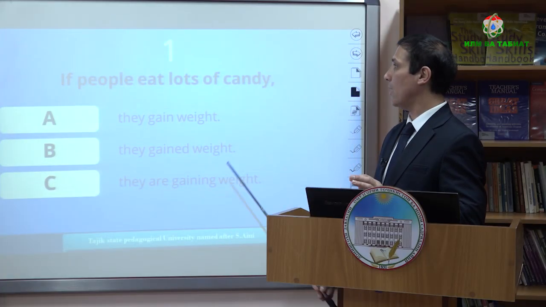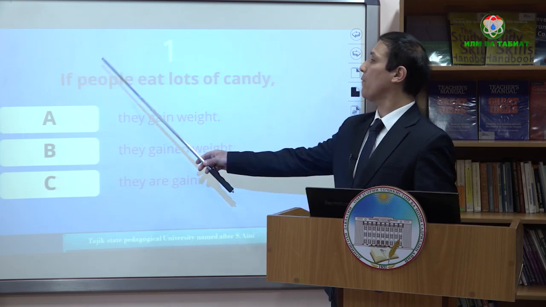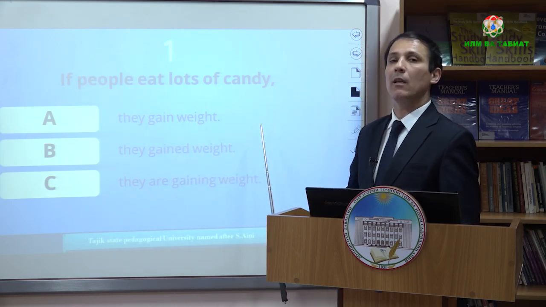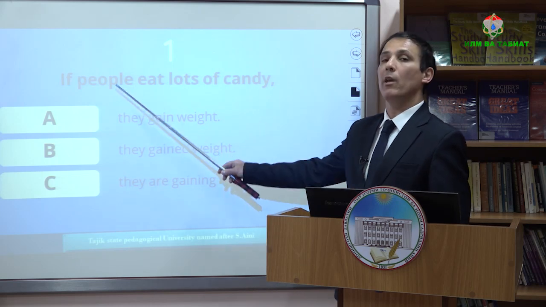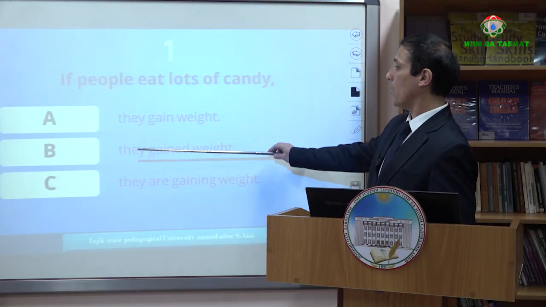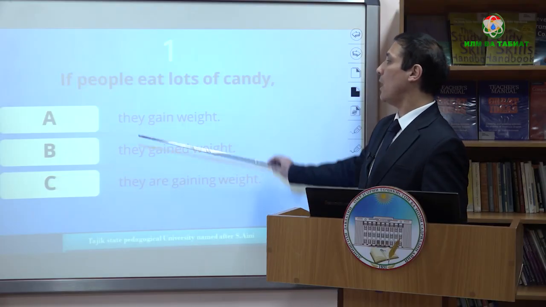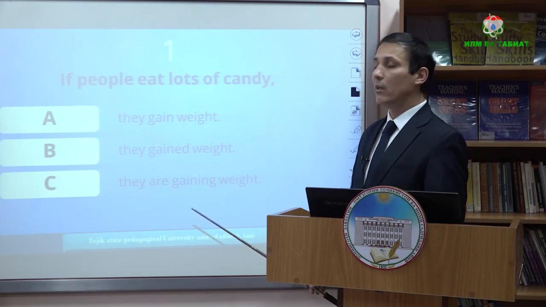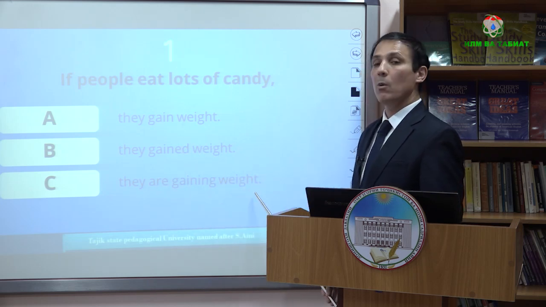Okay, here it says question number 1: if people eat lots of candy, what will happen? Here we may use: they gain weight, they gained weight, they are gaining weight.